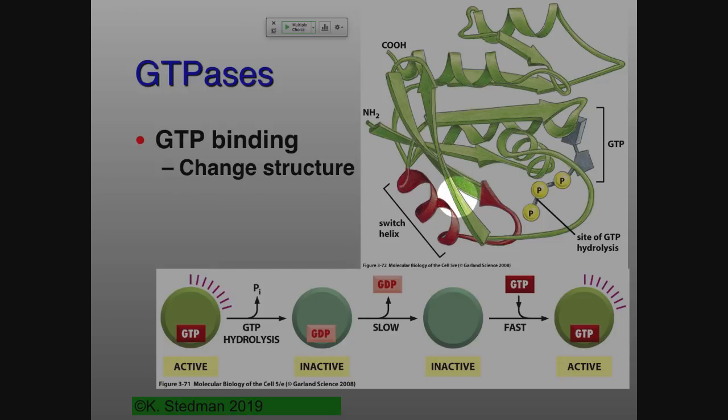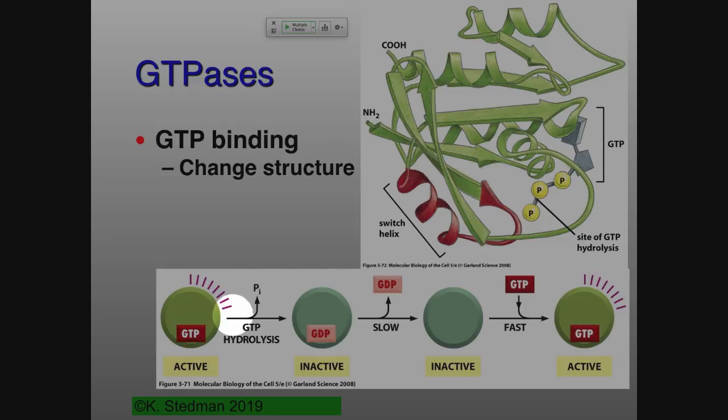And that mutation actually causes the protein to look as if it's bound to GTP even when it isn't. And when I say look as if, that means it's got this change in structure. And it's literally this piece of the structure right here, this red helix together with the turn right in front of it, which changes in terms of its structure if you have 3 phosphates here or just 2 phosphates here.